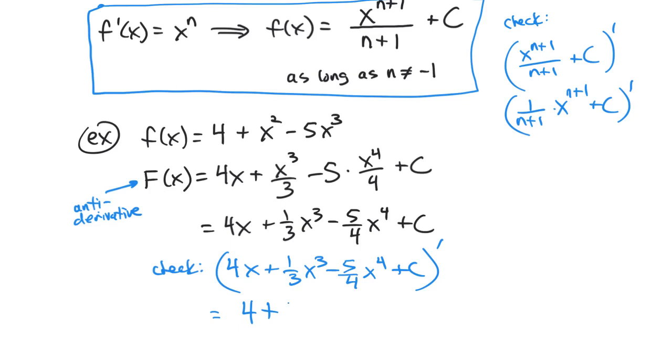You get plus x squared minus 5x cubed. Again, the power rule, the 4 comes down, it cancels with that 4, and you just have the 5 left. And it's a negative, that drops down by 1. And I take the derivative of a constant, it's just 0. So we look back at what we had, and that's what we've got. So it works. So this is the antiderivative.